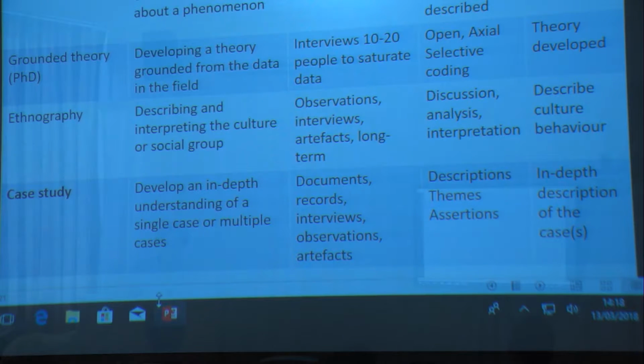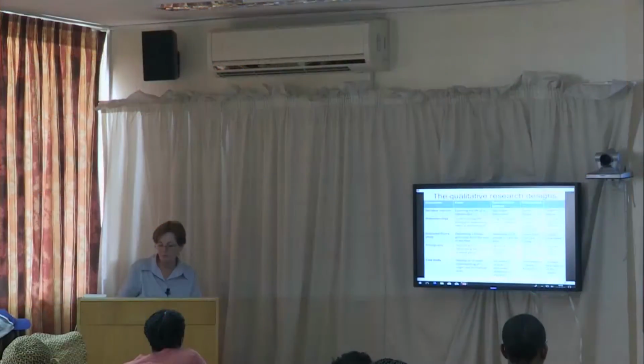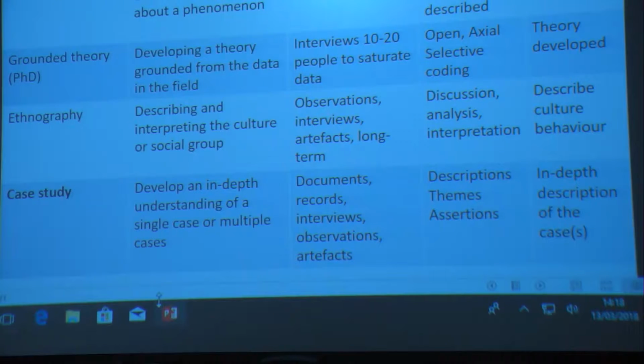The data analysis for a case study can include descriptions from which we derive themes and assertions. In other words, the outcome of a case study is an in-depth description of a case or a group of cases that are quite similar.